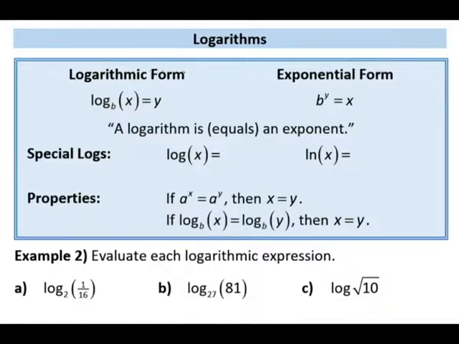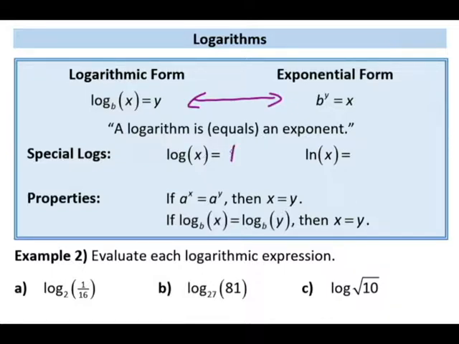Much of what we're going to try to do involves alternating between logarithmic form and exponential form. One will usually be a better way to solve a problem. Our cardinal rule is that the log is equal to an exponent. Y is the log. It is the exponent in exponential form.